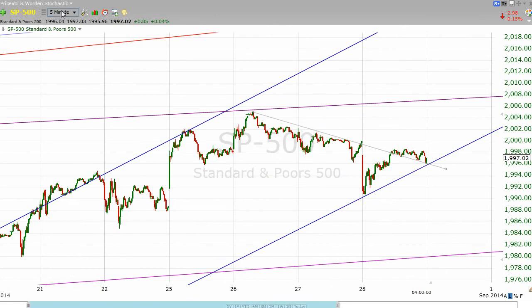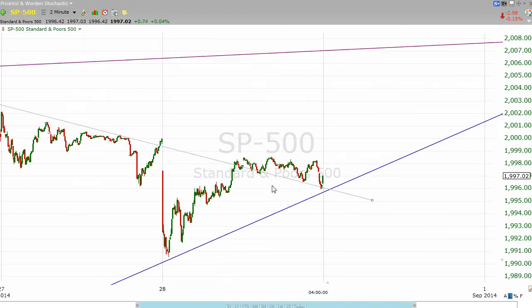Today, also, if you're a bear and you're looking for bearish things on the 2-minute chart, we did have a small rising wedge which broke down, but not in catastrophic fashion.